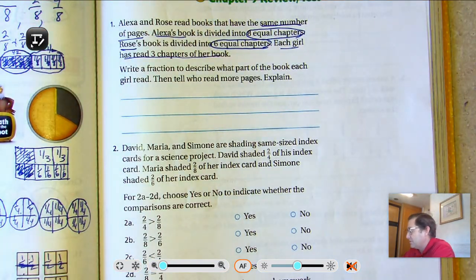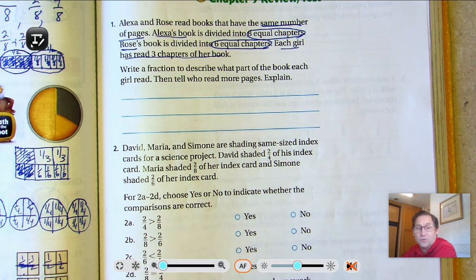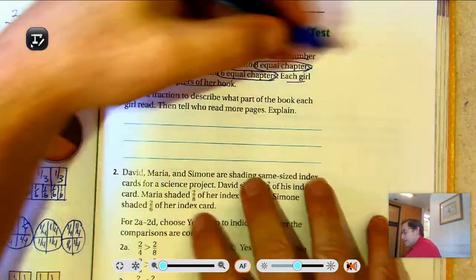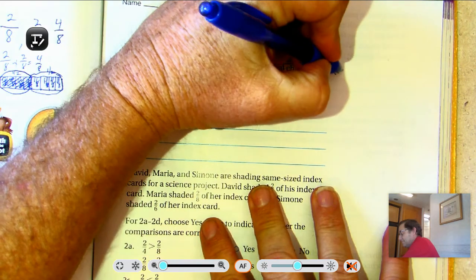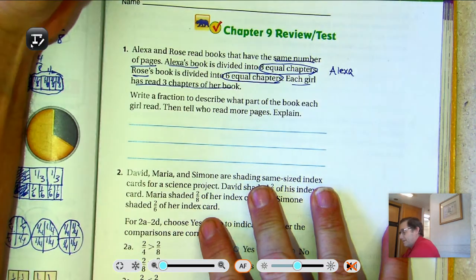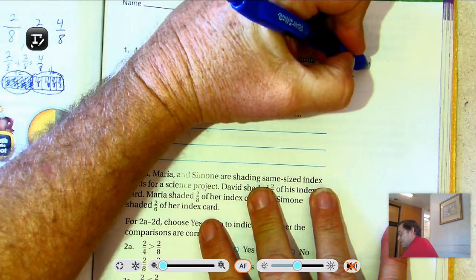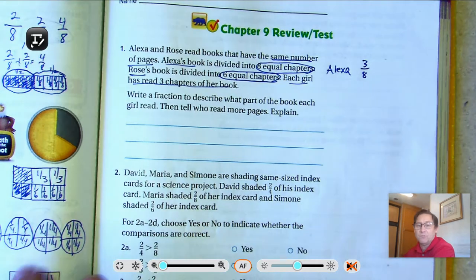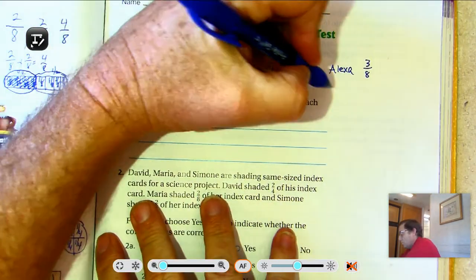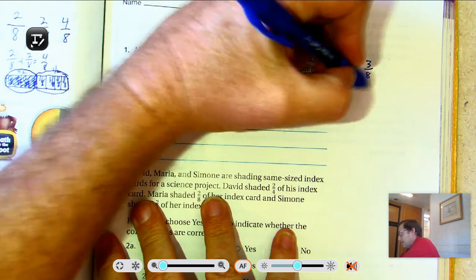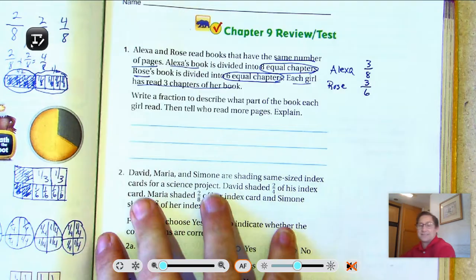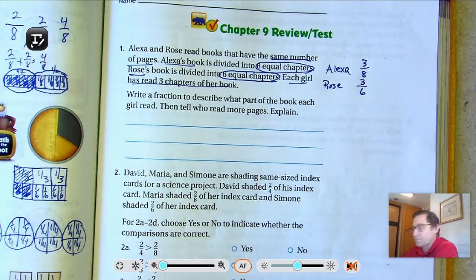So just write a fraction to describe what part of the book each girl read. Alexa has read 3/8 of her book. Rose has read 3/6 of her book.